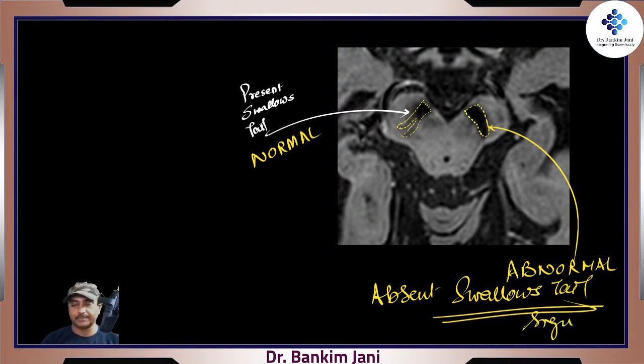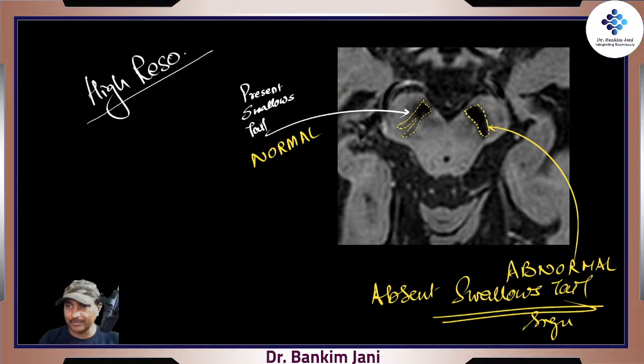Right? It is absent. Now, if you really want to do this, it will not appear immediately like this. What you need to do is go for high resolution MRI.